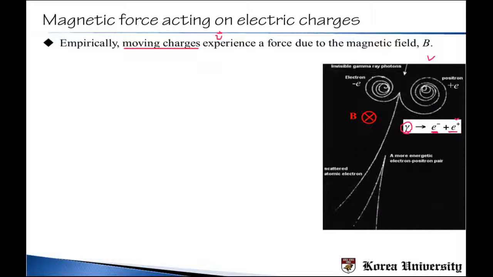Okay, so in this figure, we have the magnetic field vector like this, which means that this magnetic field is going directly into the screen. Okay, and then this arrow on the top indicates the original direction of the gamma ray, and then it looks like it's splitting into the electron and a positron at this location.